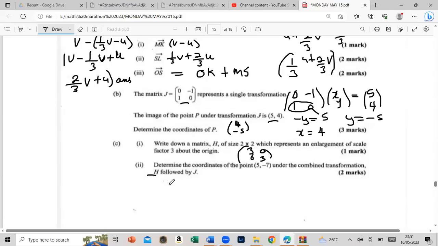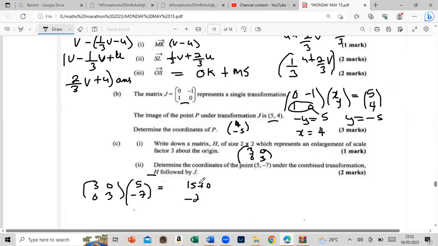So under the enlargement, it's going to be 3, 0, 0, 3, then followed by J. So 5, negative 7. 3 times 5 is 15. 0 times 7 is 0, and 3 times 7 is negative 21.